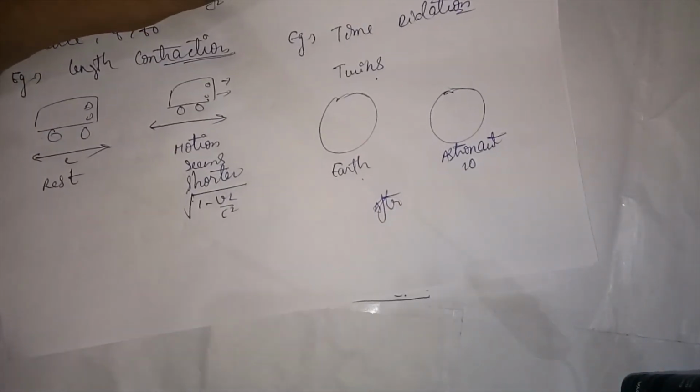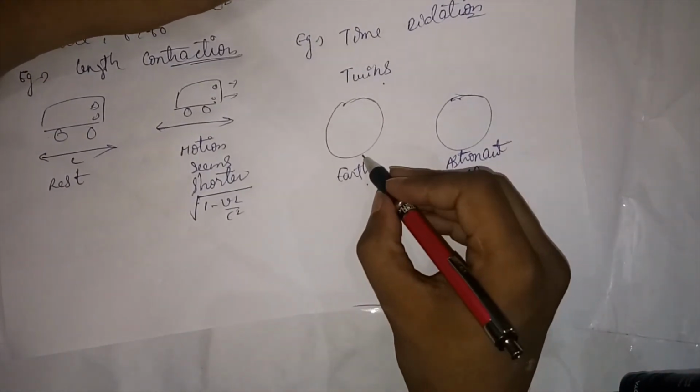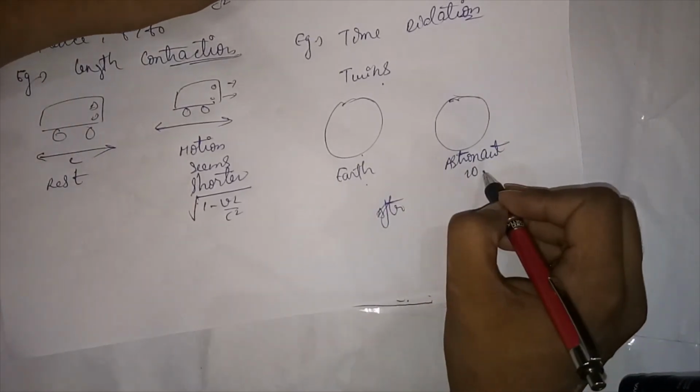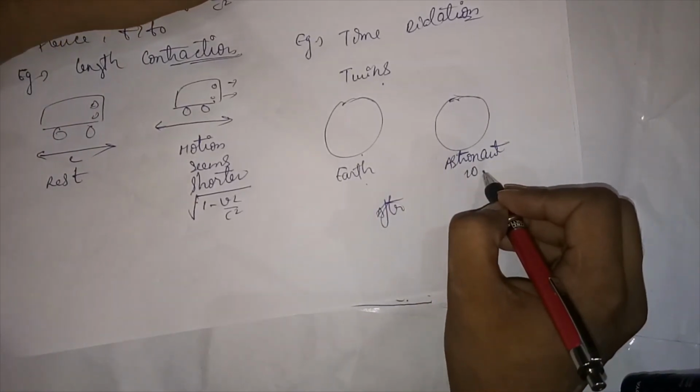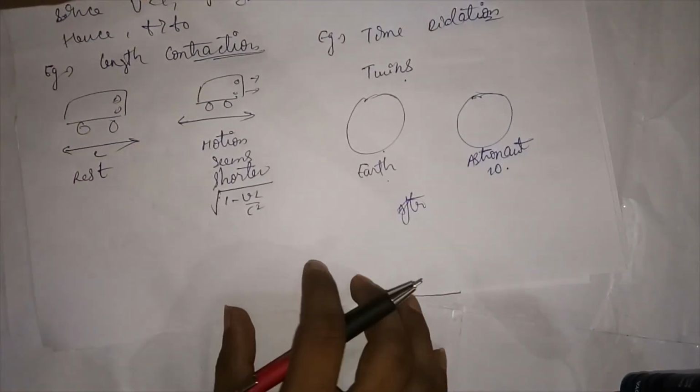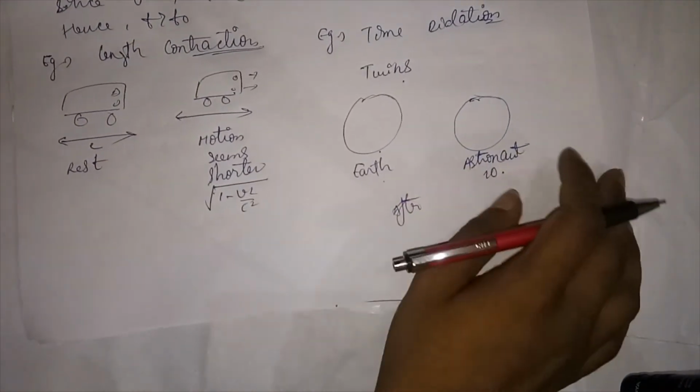After 10 years you will see that the one who stayed on earth is older than the one who went as an astronaut. So this is the example of time dilation.